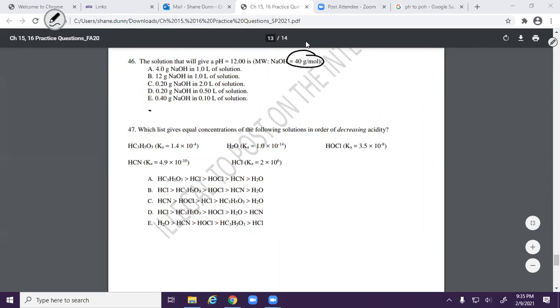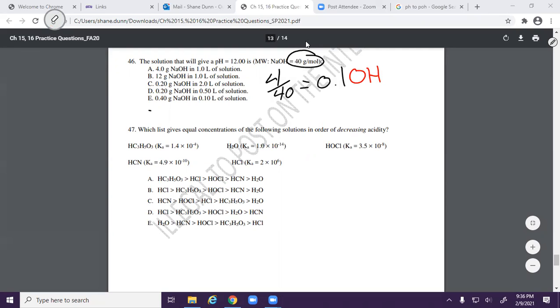So here's the molar mass it gives you, right? So 4 divided by 40 is equal to 0.1. That's your amount of NaOH, which is the same thing as saying your amount of OH, because all these guys are strong bases.